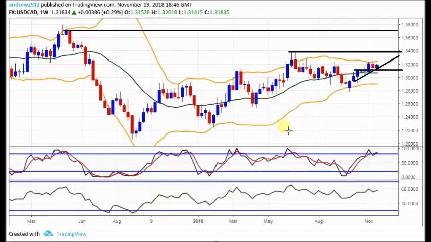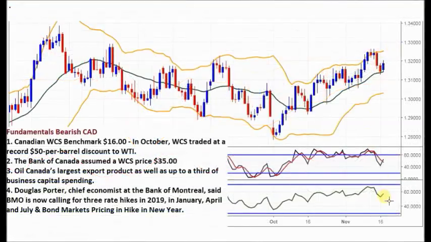Okay, so let's shift to the daily chart, do our levels of entry, stop and target, and round up the fundamentals and sentiment as well. Right, I'll just draw my levels of entry, stop and target at the moment, but just want to look at the fundamentals, which I believe are firmly bearish for the Canadian dollar. And in terms of intermarket analysis, obviously I mentioned it earlier on.